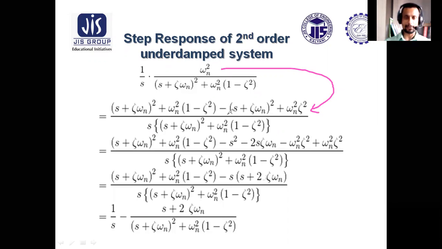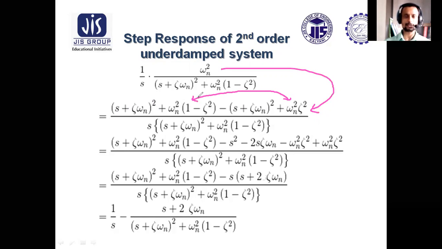So finally this will be cancelled, isn't it? We have to keep omega n square in the numerator. So we have taken this extra. As this is taken, so minus of this has to be taken. Now if you add these two quantities, omega n square minus zeta square omega n square, so plus omega n square minus zeta square omega n square plus zeta square omega n square.